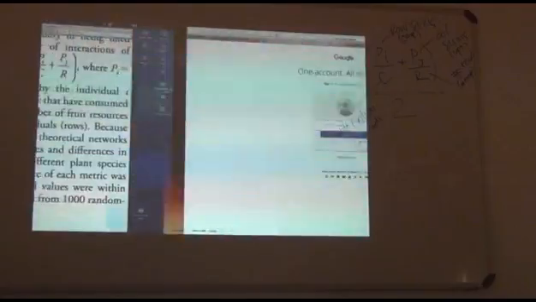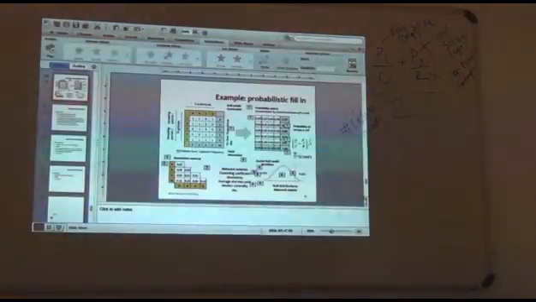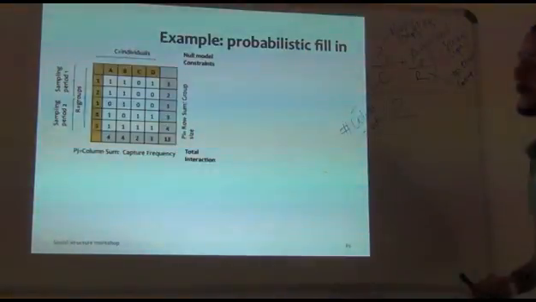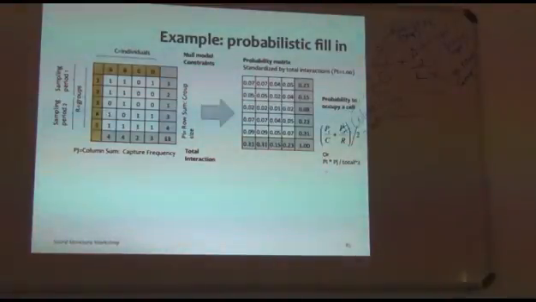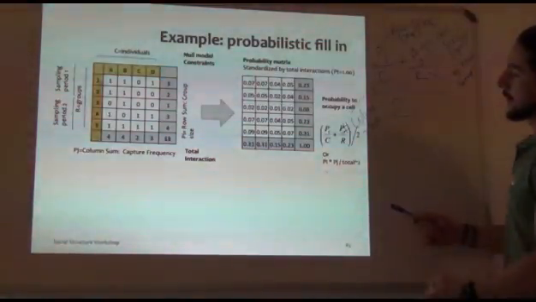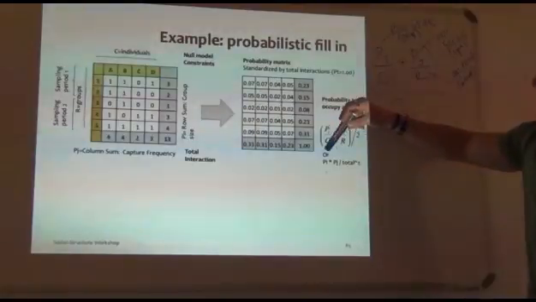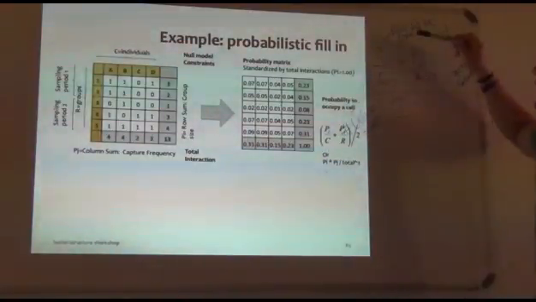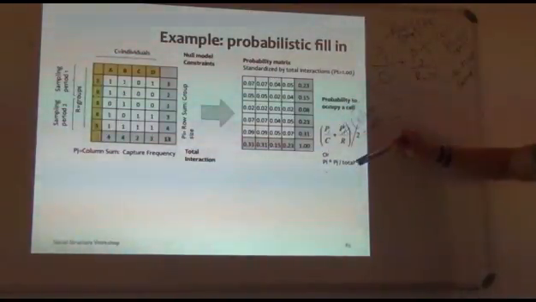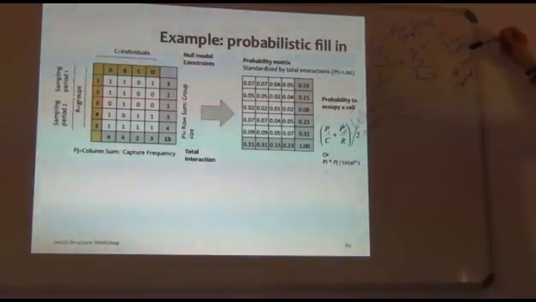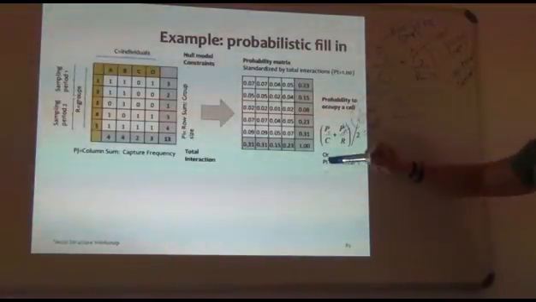So there are 2 ways we can do it. One is this way, we just multiply the PI, which is the row sums, by the capture frequency and divide it by 13.